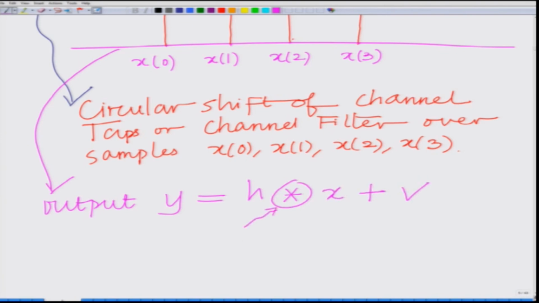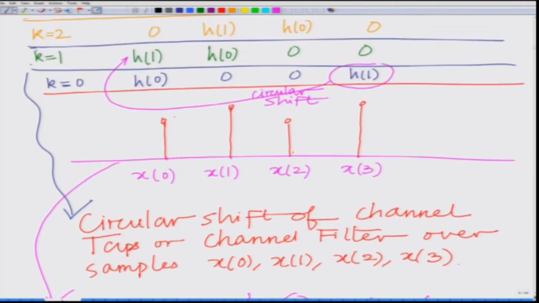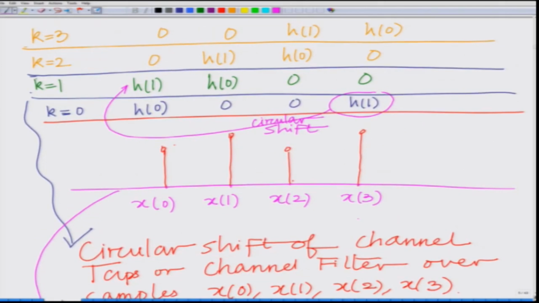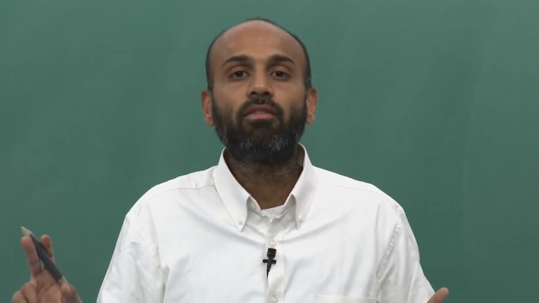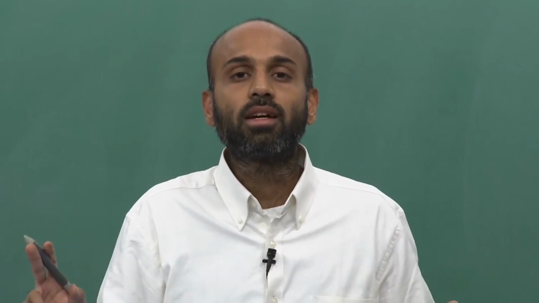So, this represents your circular convolution. Because of the addition of the cyclic prefix, the action of the channel filter on the input symbols is such that at every point in time you are circularly shifting the channel filter.